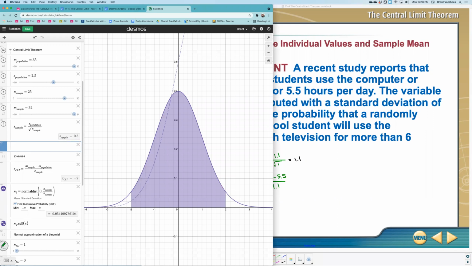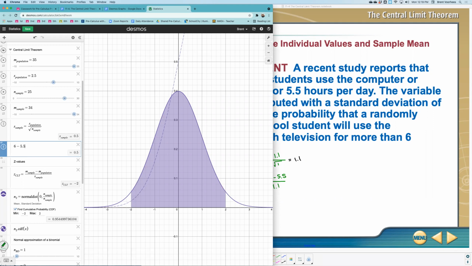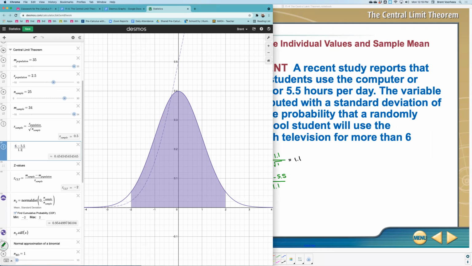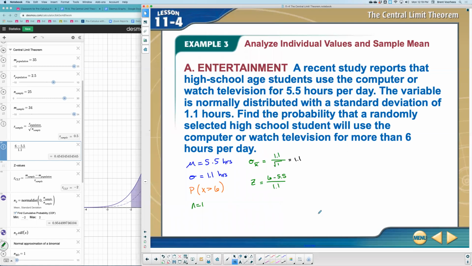So let's see what we get here. It's 0.45 repeating. Not approximately, that's exactly what it equals, 0.45 repeating.